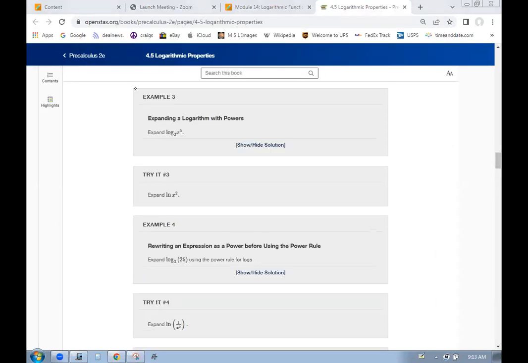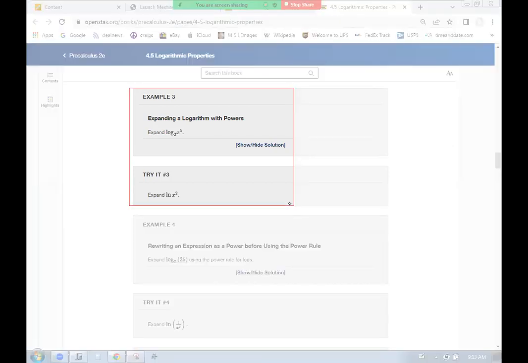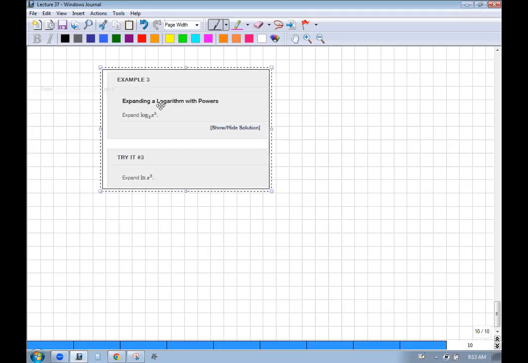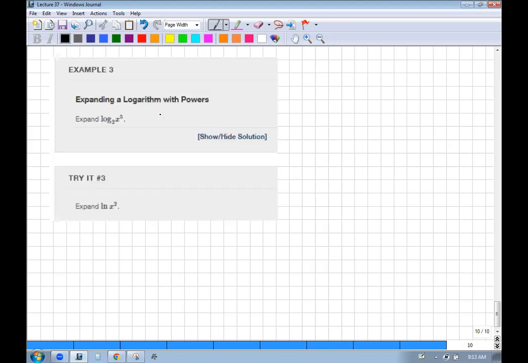This section is going to be easy. We're just basically applying those 2 tricks over and over again. So this one says I can pull that 5 out front. This one says I can pull that 2 out front.